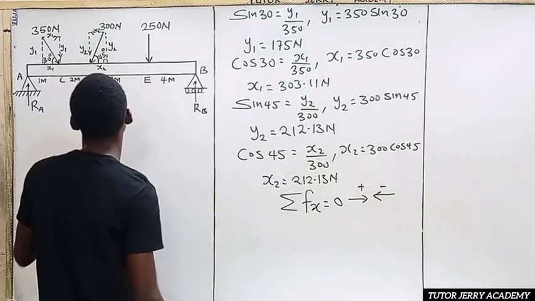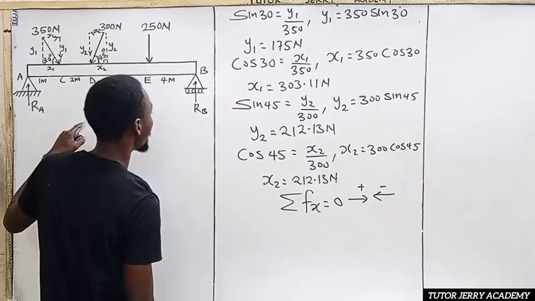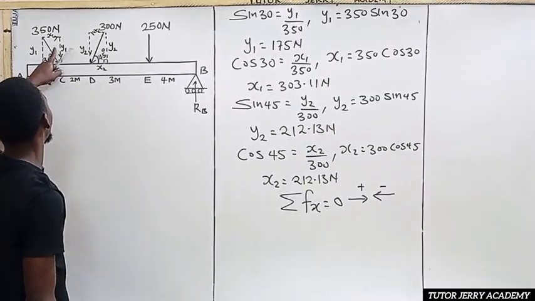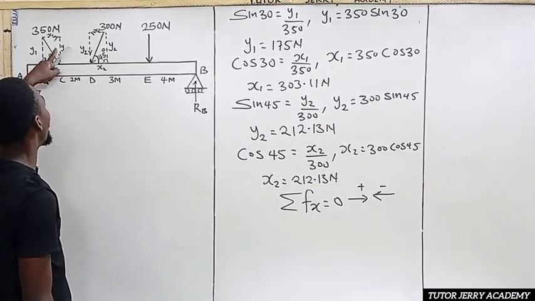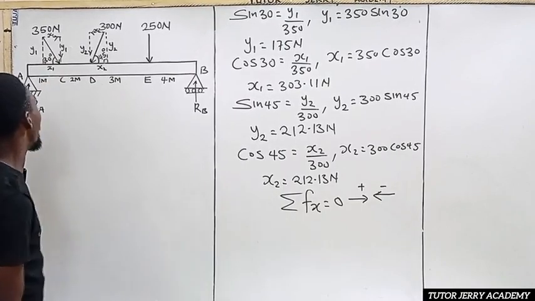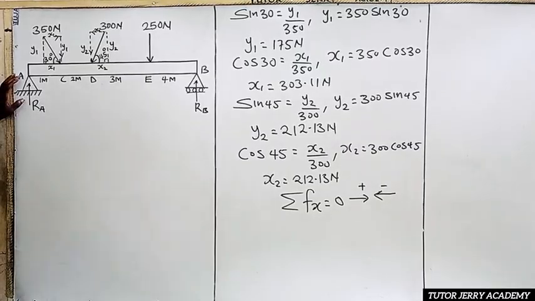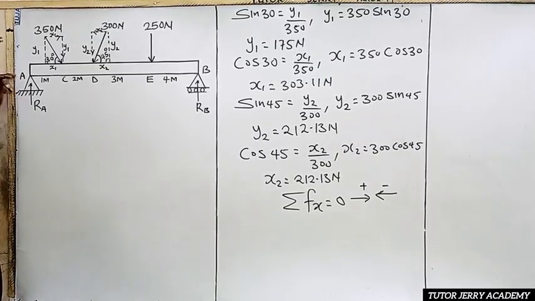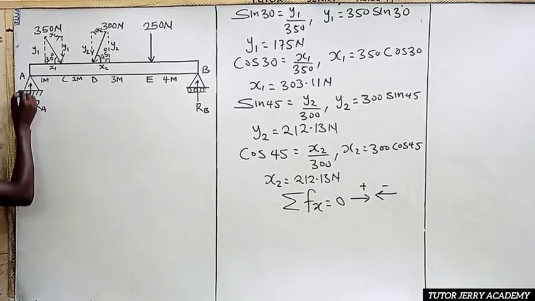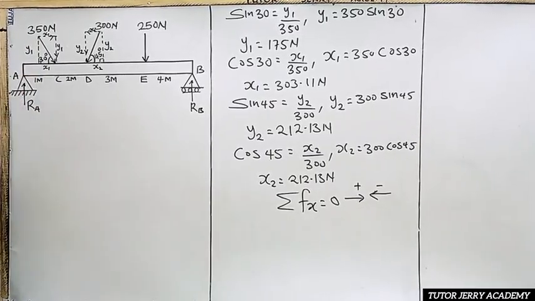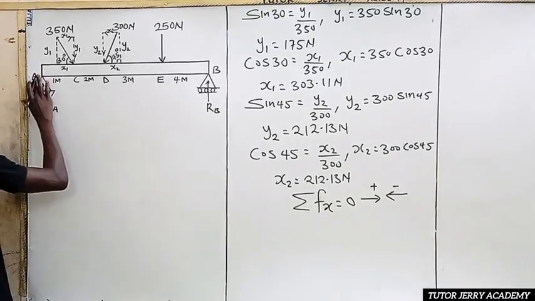So we are going to have the summation of horizontal forces here. Now you know, this is our fixed support, so we are going to have both horizontal and vertical reaction here. So we are going to have an arrow here, arrow H. Let me clean this A here.